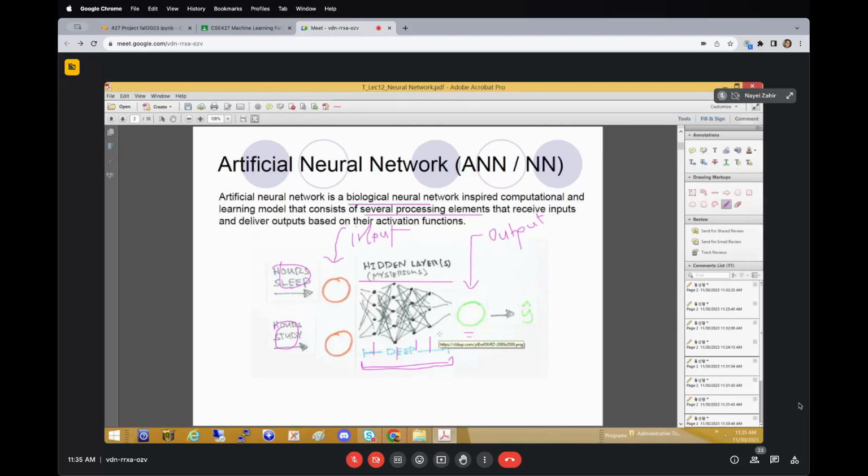If more than one, we call it a deep neural network. Theoretically, two hidden layers means deep, but actually in deep neural networks, usually we have 10, 25, 100 hidden layers. But theoretically, if it is just more than one, that will be your deep neural network.